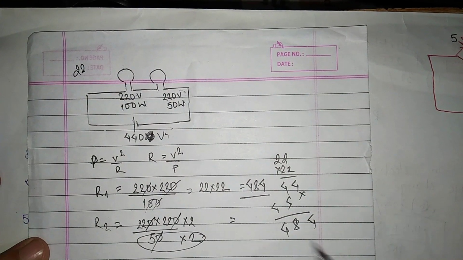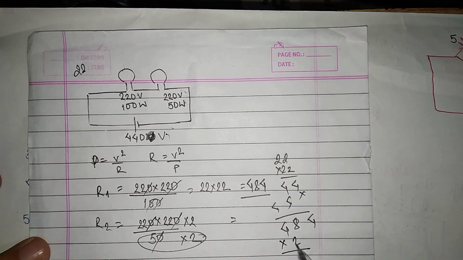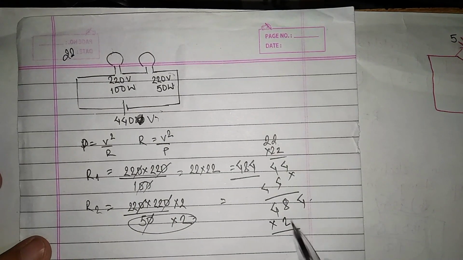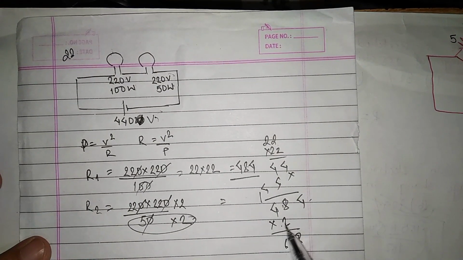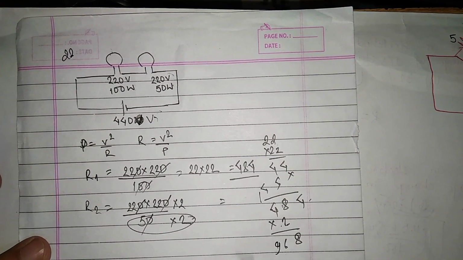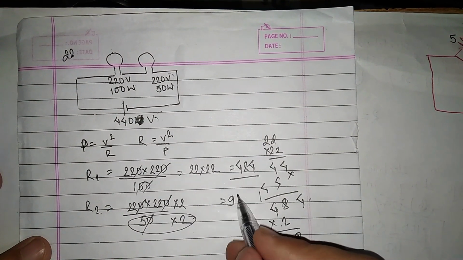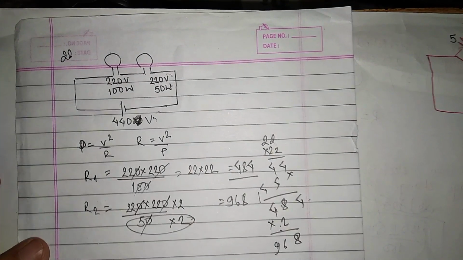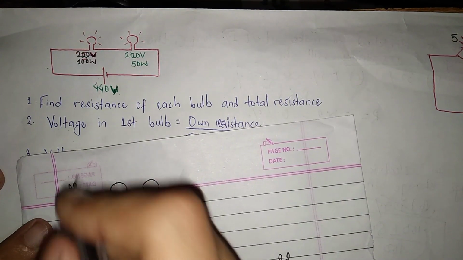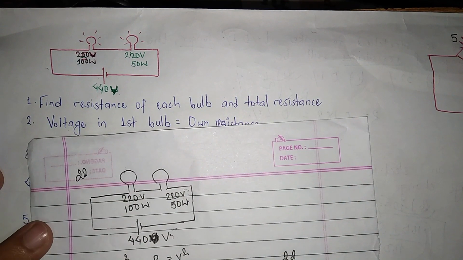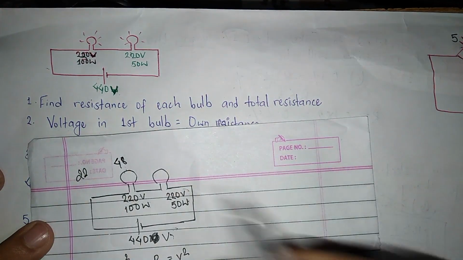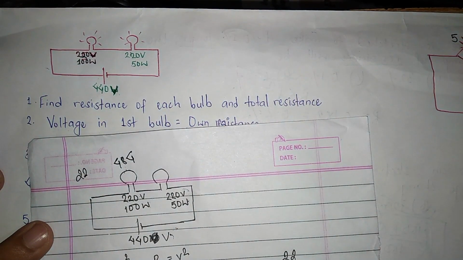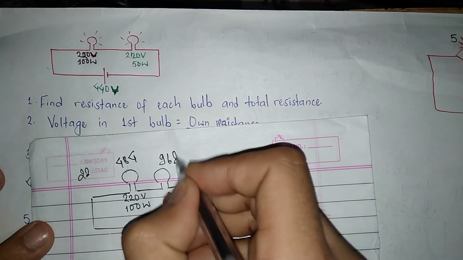So 484 into 2 is 968. So the resistance of the first bulb is 484 and the other is 968.